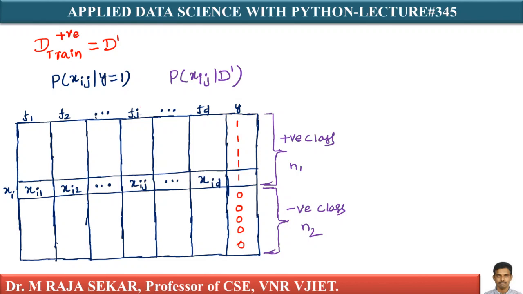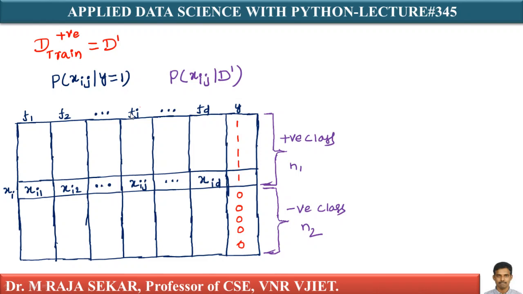So I limit myself only to positive label data in my training. And now I ask, what is the probability of feature fj?